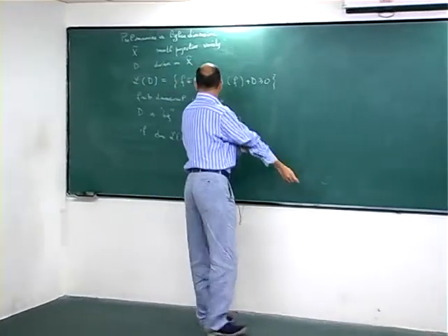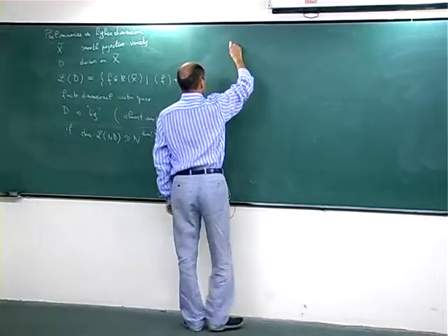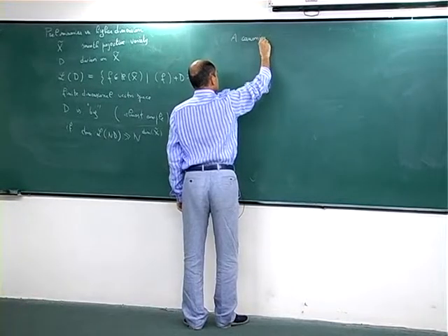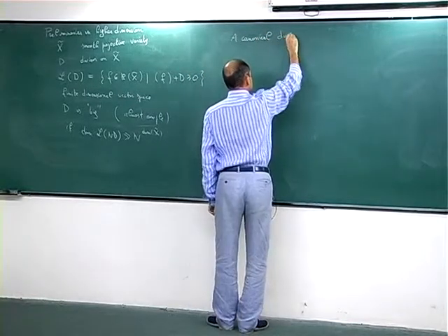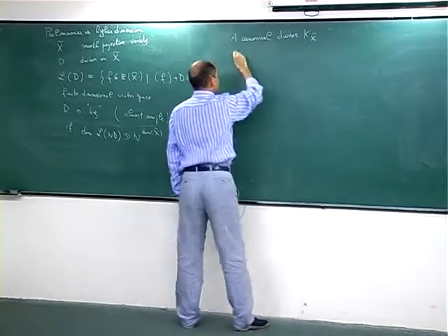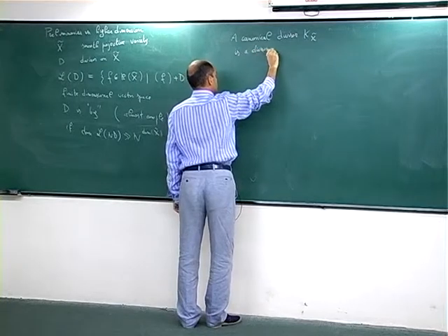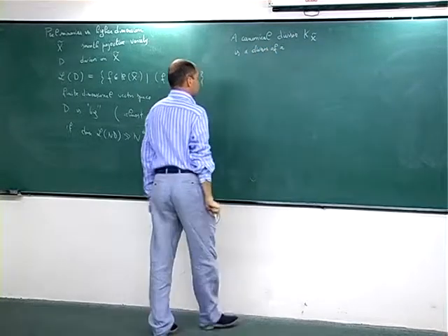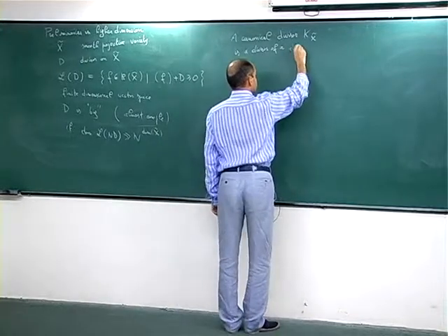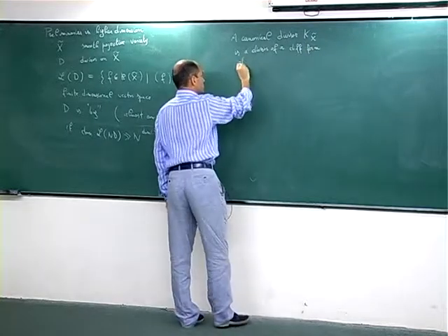Also, we say that a canonical divisor K sub X tilde is a divisor of a differential form of maximal degree.